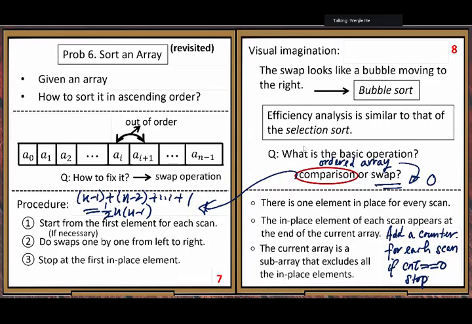It means all the elements are already in ascending order. Why would you keep going? That's the modified version of bubble sort, so you can do better than the original bubble sort.